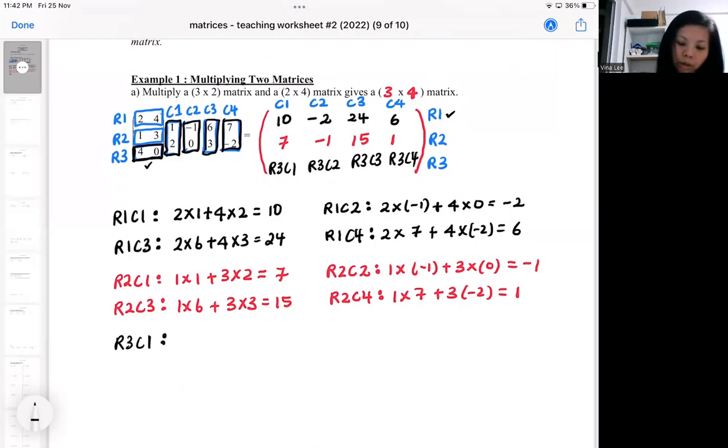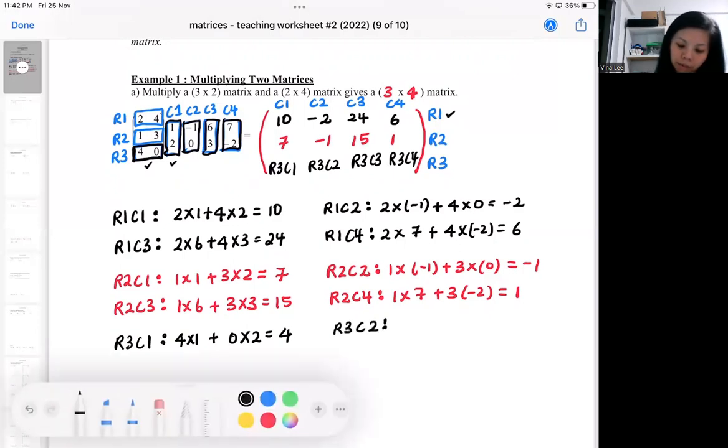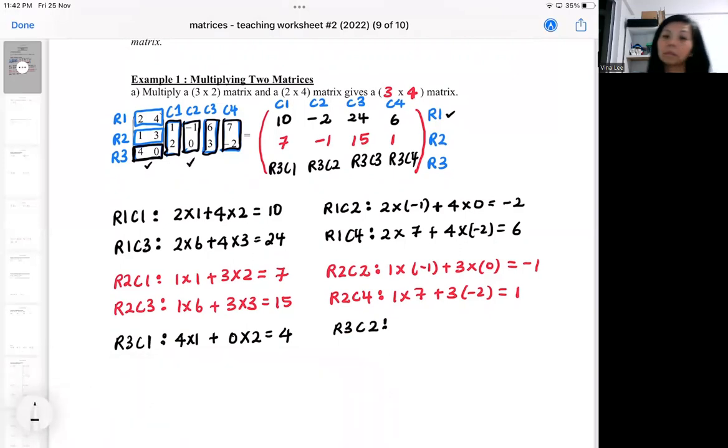So now I'm going to use the last row and the first column. So it will be 4 times 1, first number and first number, second number and second number. So R3C2. So let's rotate the column. 4 times minus 1, 0 times 0.